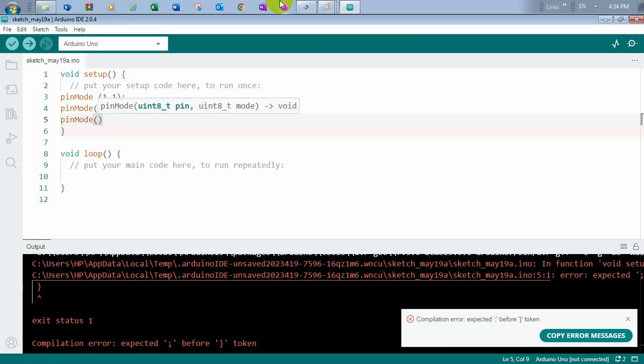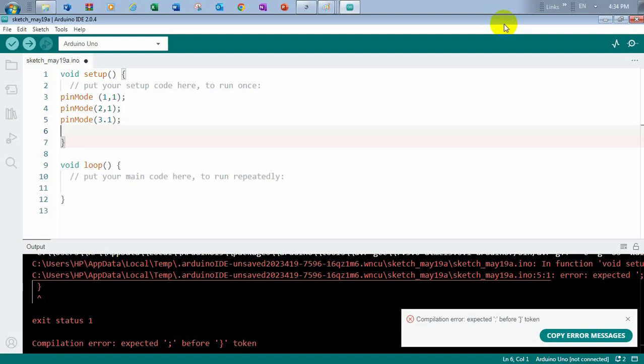We configure also pin number 4, pin mode, enter parenthesis, between parentheses we write number 4, comma, 1, that means it's output, semicolon.